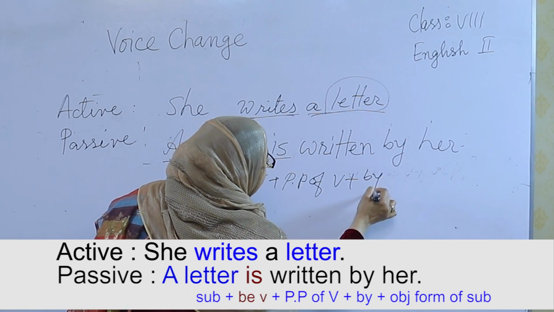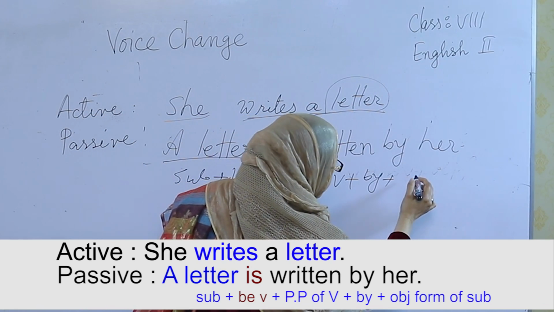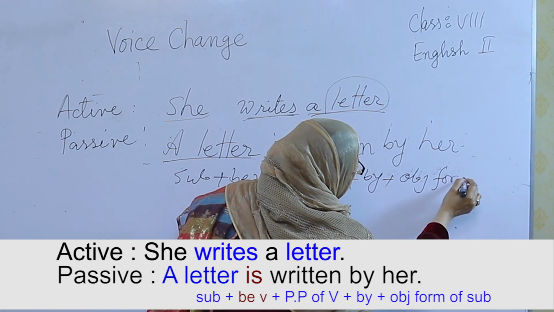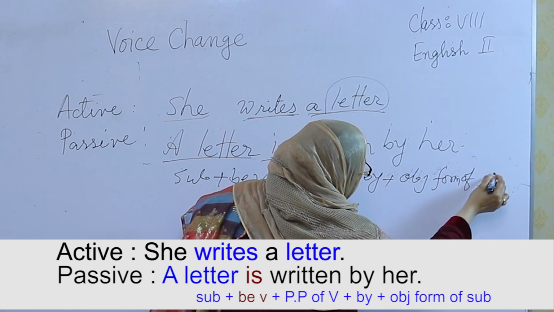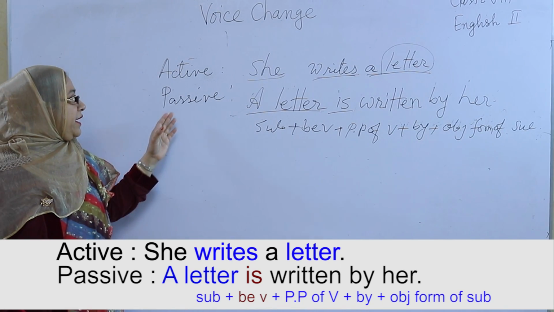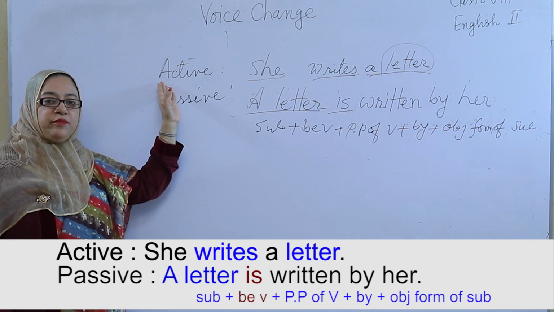plus by, then the objective form of the subject. This is the rule how we turn active to passive.